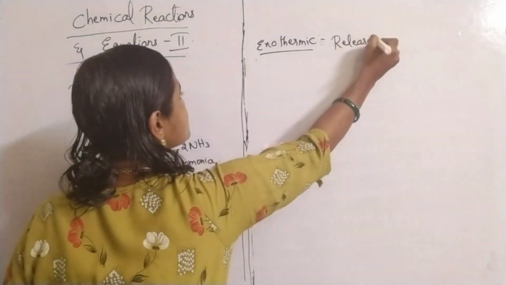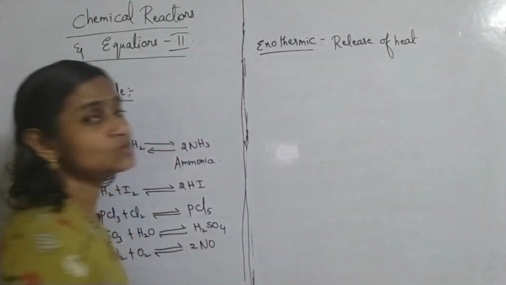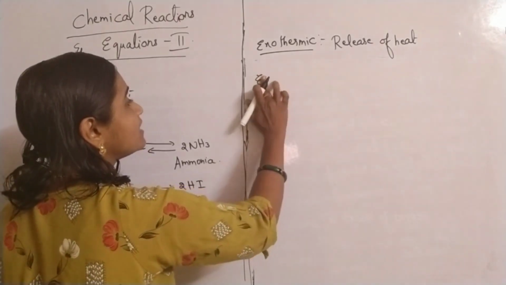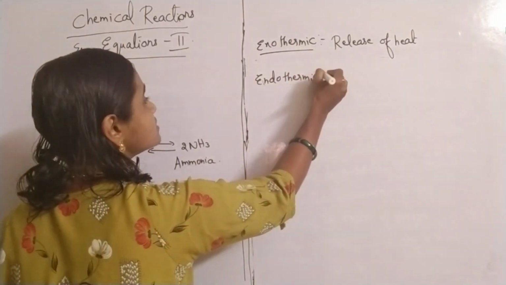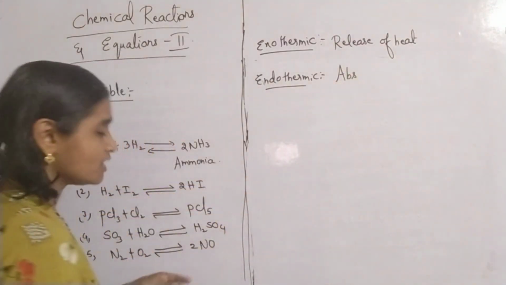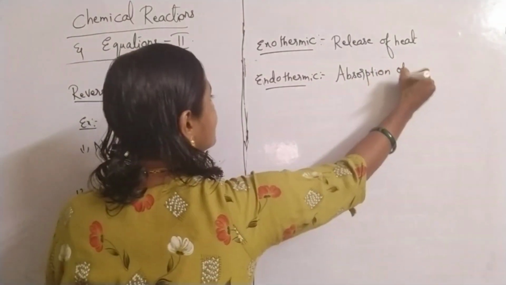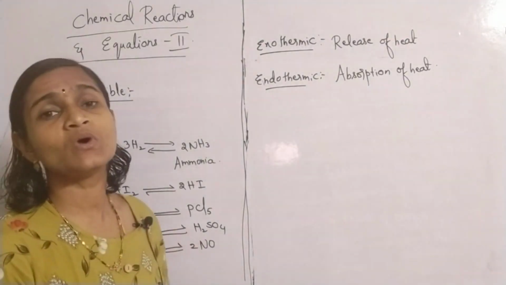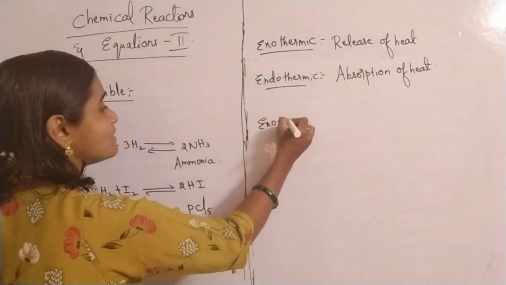The reactions which are associated with release of heat are called exothermic reactions, and the reactions which are associated with absorption of heat energy, you call them endothermic reactions. Endothermic stands for absorption of heat. The word thermal energy stands for heat energy.